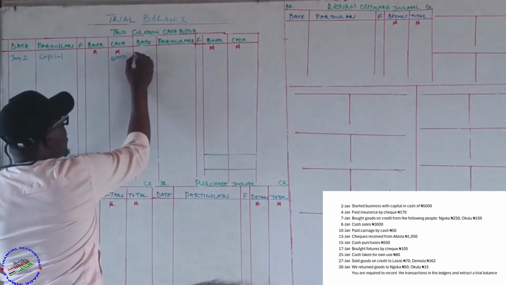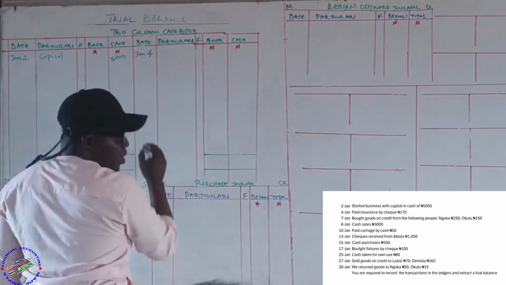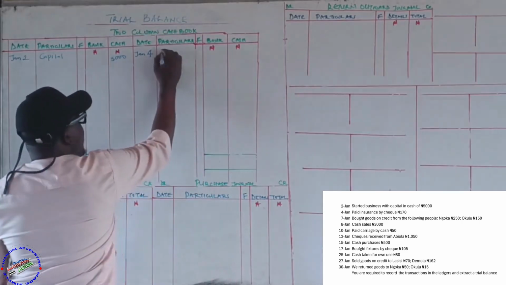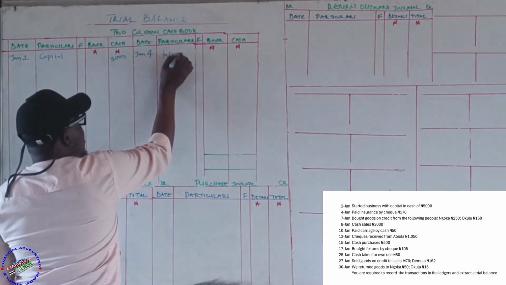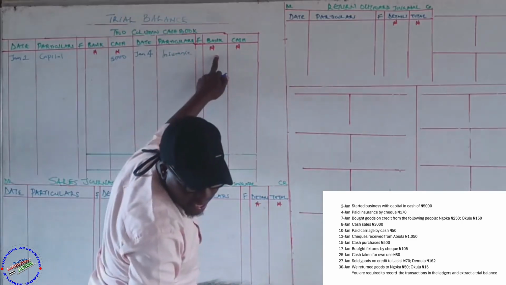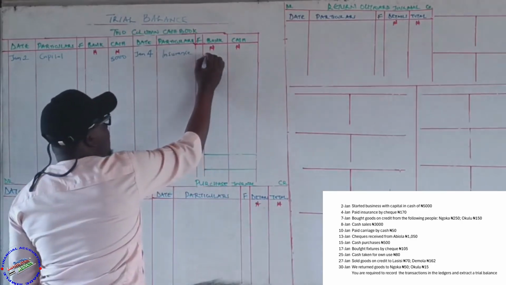So we have under date, January 4, insurance, paid by check, and that is 170 naira.